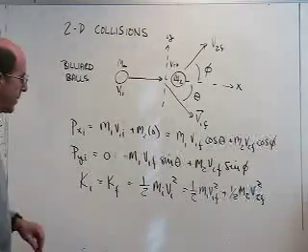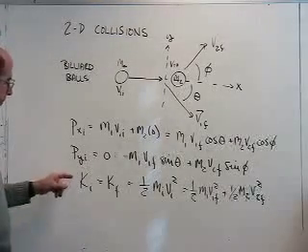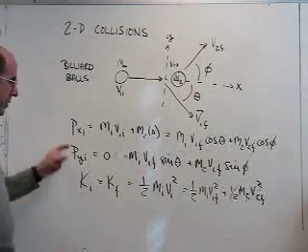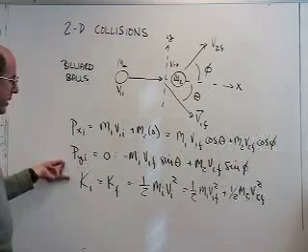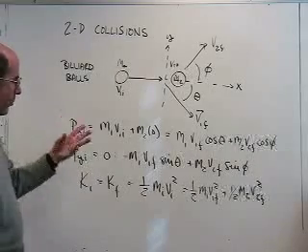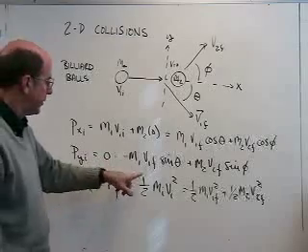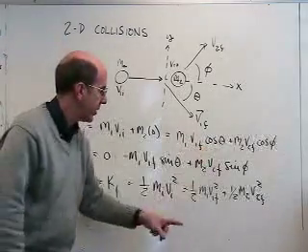Okay? So now I've got 3 equations. They're independent equations, I hope. But I said I need 4 equations because I have to find out the 2 final velocities and the 2 angles.